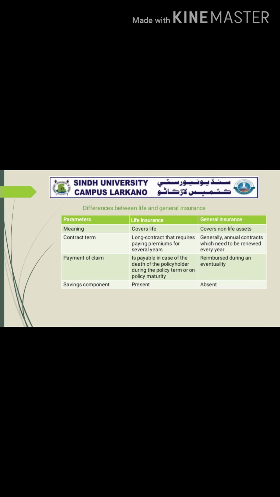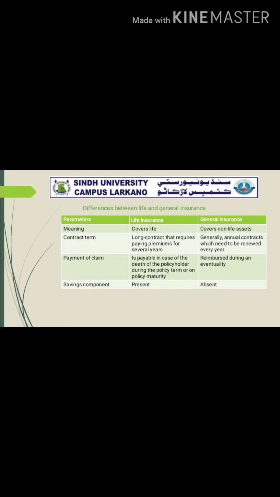In this slide, I discuss the difference between life and general insurance. The first point is that life insurance covers your life and also has a provision to provide a savings and investment avenue. Savings here mean the benefit on maturity. For example, if the policyholder outlives the policy period, he or she can get back the premium paid over the years.